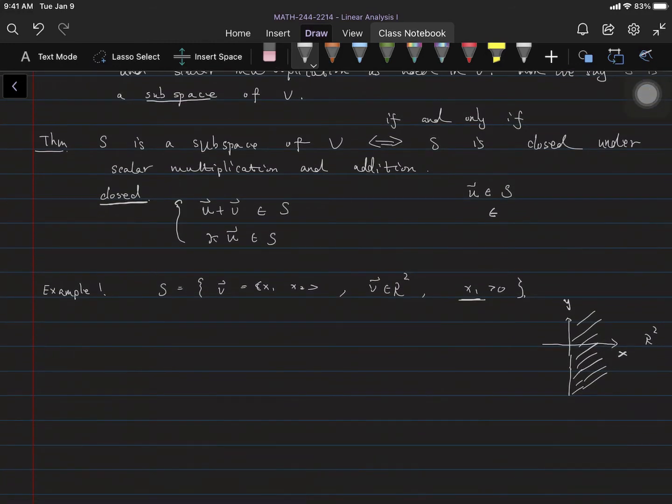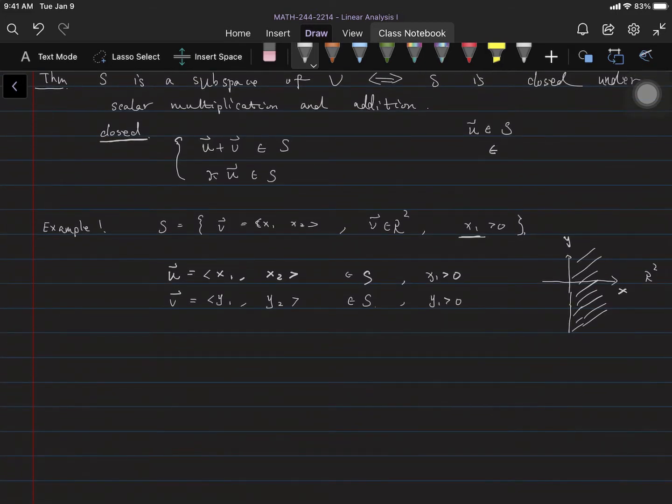And let's see, is this closed? We can pick any two vectors. For example, we can pick a u vector, which is (x1, x2), and a v vector, which is (y1, y2), and they both belong to S. Because they are in S, that means x1 is greater than 0 and y1 is greater than 0. That's what is given.